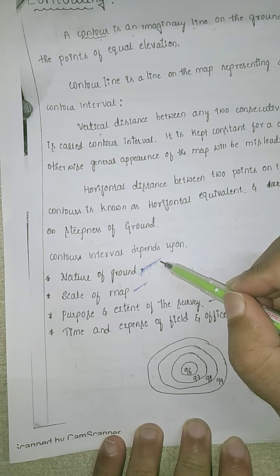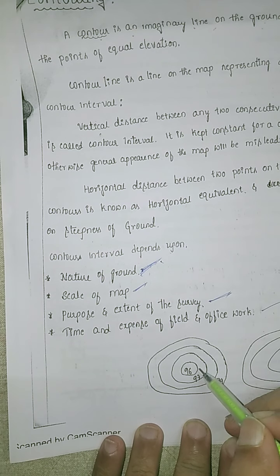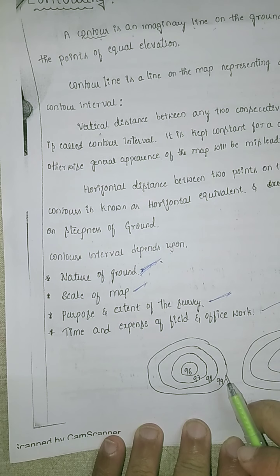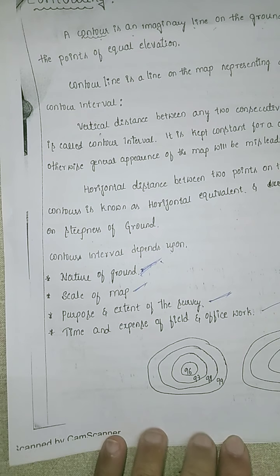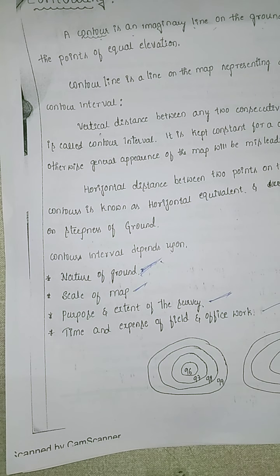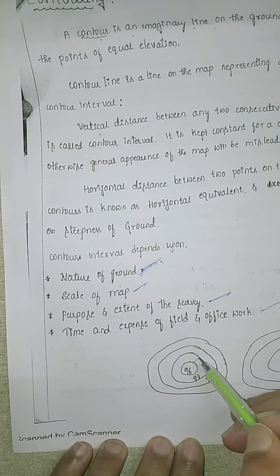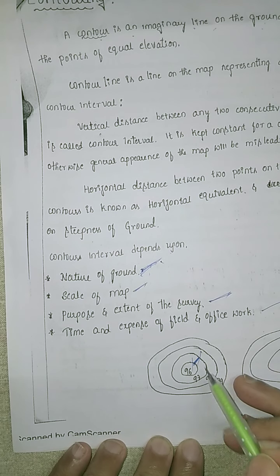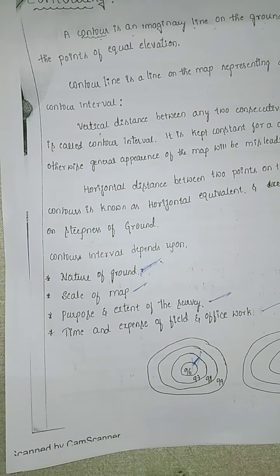For flat ground, a small interval is necessary. If the ground is more broken, a greater contour interval should be taken. If there is too much elevation difference, we should take a greater contour interval. If it has flat areas, we should take a smaller contour interval.